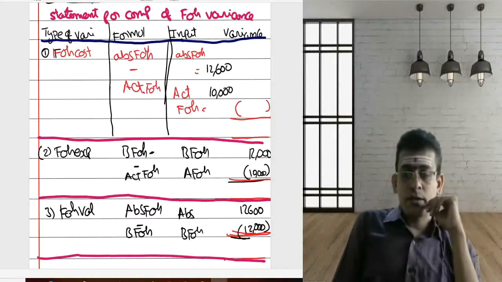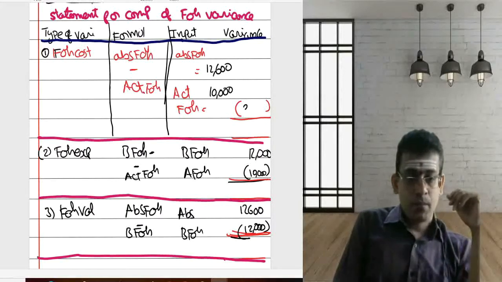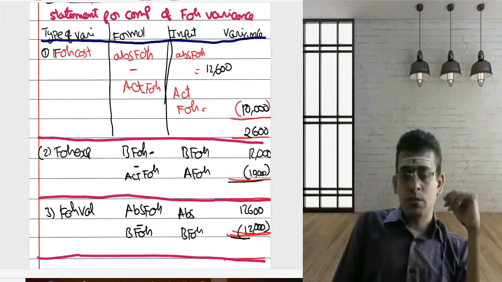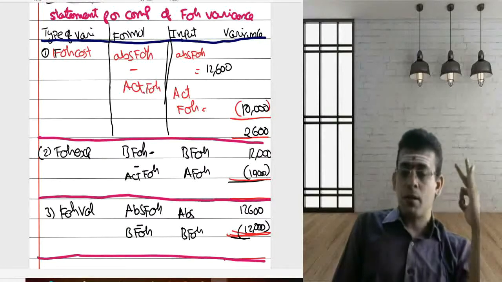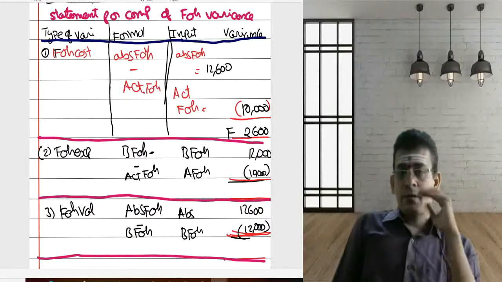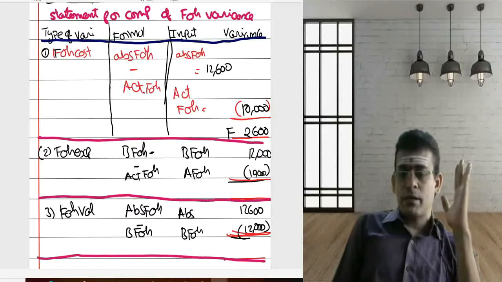My cost variance is going to be this difference. 12,600 minus 10,000, the difference is going to be 2,600 favorable. Now expenditure variance: I should incur 12,000, but I am incurring 10,000, so 2,000 rupees favorable.